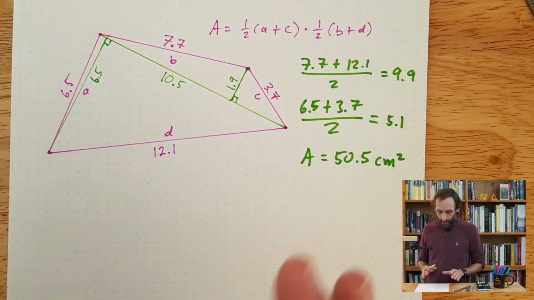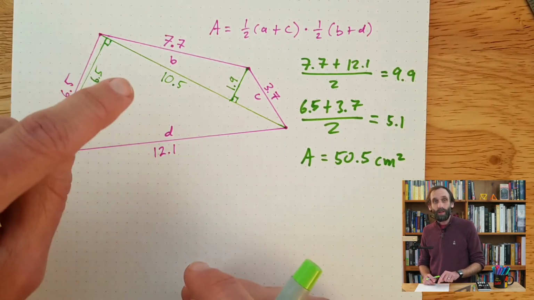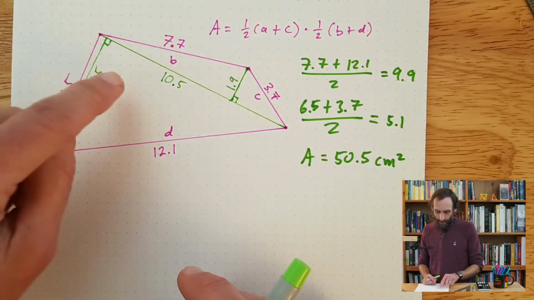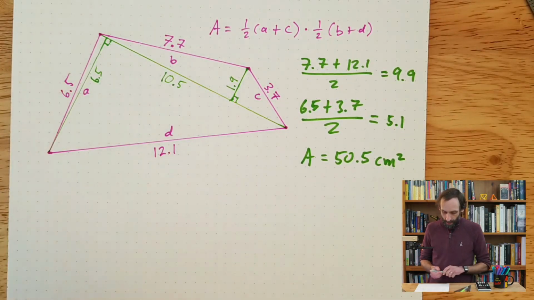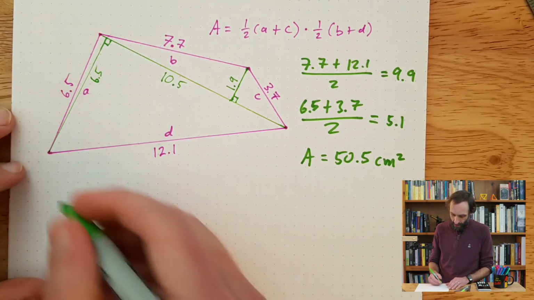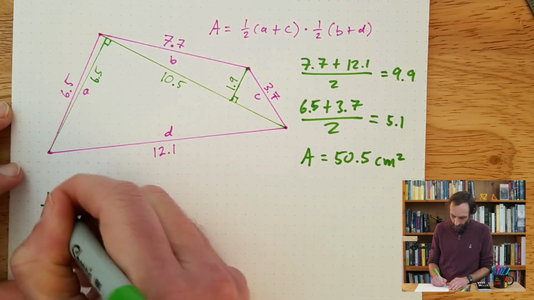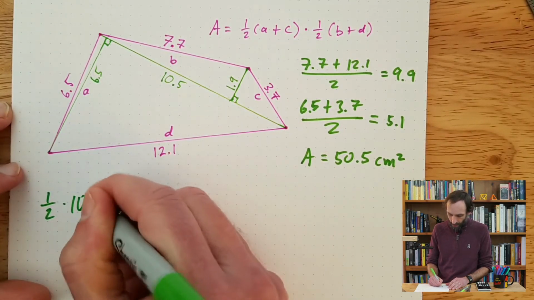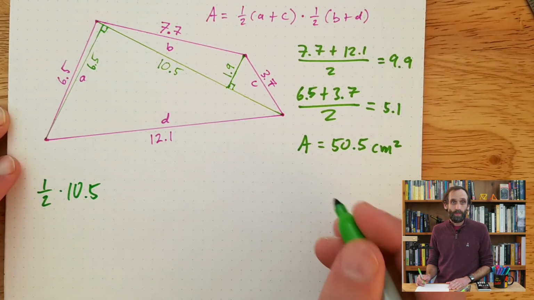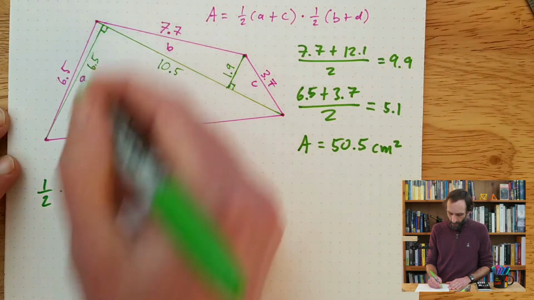Now I can use the formula for the area of a triangle to find the areas of these two triangles and add them up. So we know that the area of a triangle is 1/2 base times height. So I'll do the larger triangle first. So 1/2 times the base, 10.5 times the height, which is 6.5.